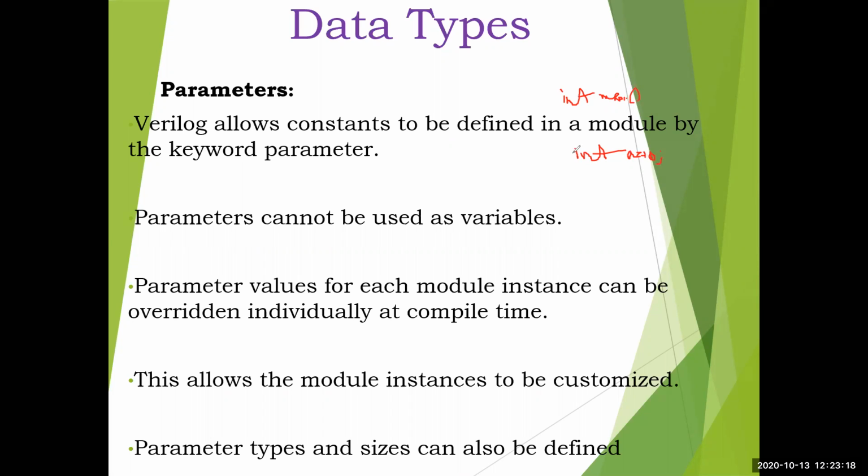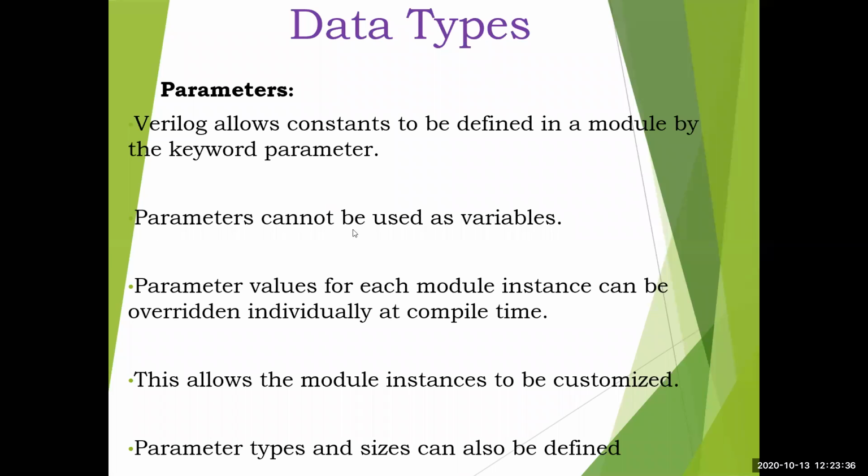If you do the same declaration outside the main function, we call it a global declaration. That means you need not change the variable name again and again; the constant will be looked into. In the same way, in a Verilog program we declare constants using the keyword parameter.